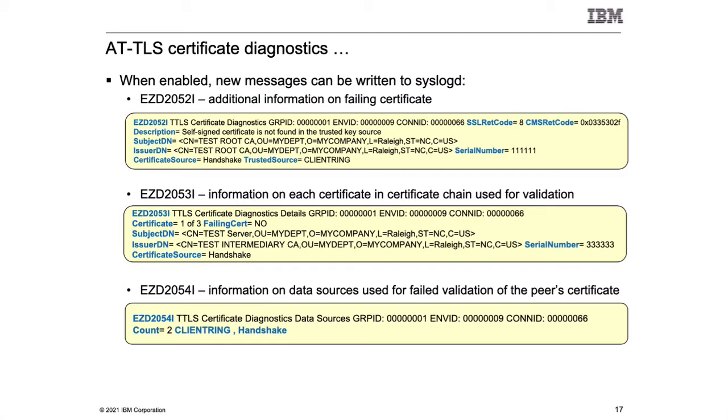That will be followed by one that says certificate 2 of 3, then 3 of 3. You'll notice it says failing cert equal no, but one message will say failing cert equal yes, and that's going to tell you which of the certificates in the chain was causing the problem. Lastly, the 2054 will be issued, and that provides information on the data source that is used for the validation of the peer certificate.